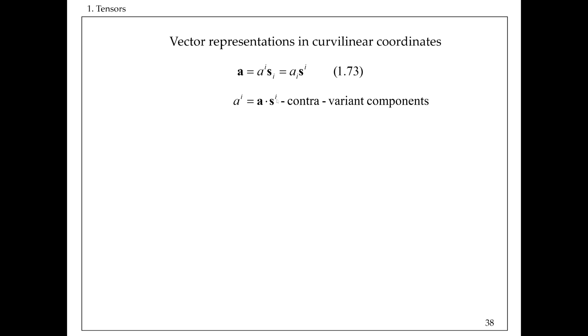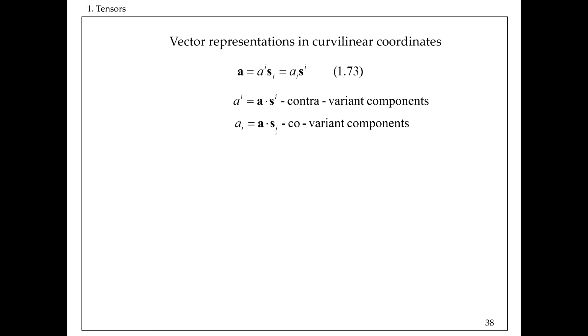If we want to calculate the contravariant component, we take the projection with S^i with the superscript, or if we want a covariant component, we take the projection with S_i with the subscript, and that's our standard operation.